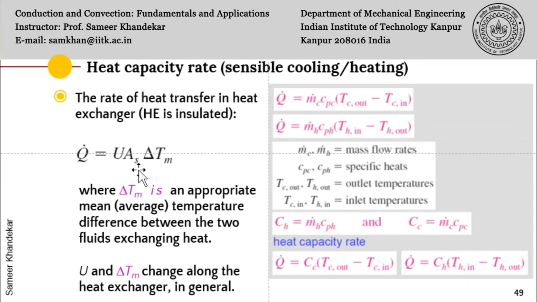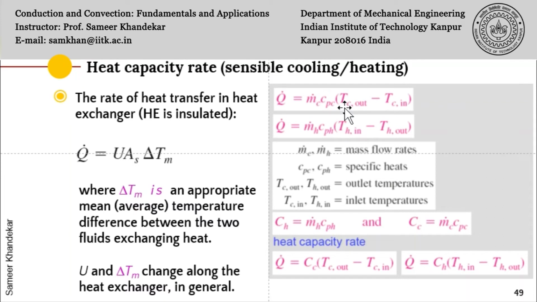So now let us quantify further what happens individually to the two fluids which are flowing. You can write Q dot equal to m dot c, where the subscript c corresponds to the cold fluid. This is the mass flow rate of the cold fluid, into Cpc, which is the specific heat of the cold fluid, into Tc out minus Tc in.